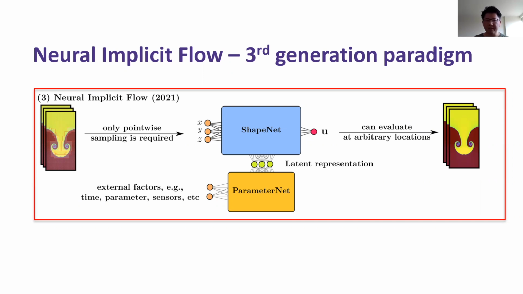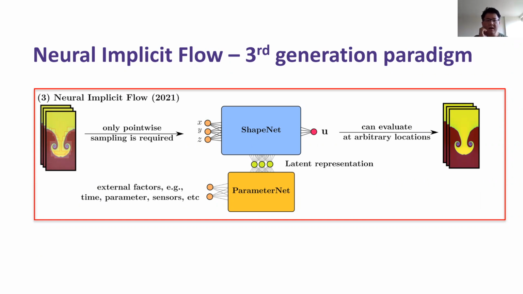So this is the architecture of Neural Implicit Flow. It's very straightforward, as you can see, and this architecture also has a special name, a hypernetwork, in the computer science community.